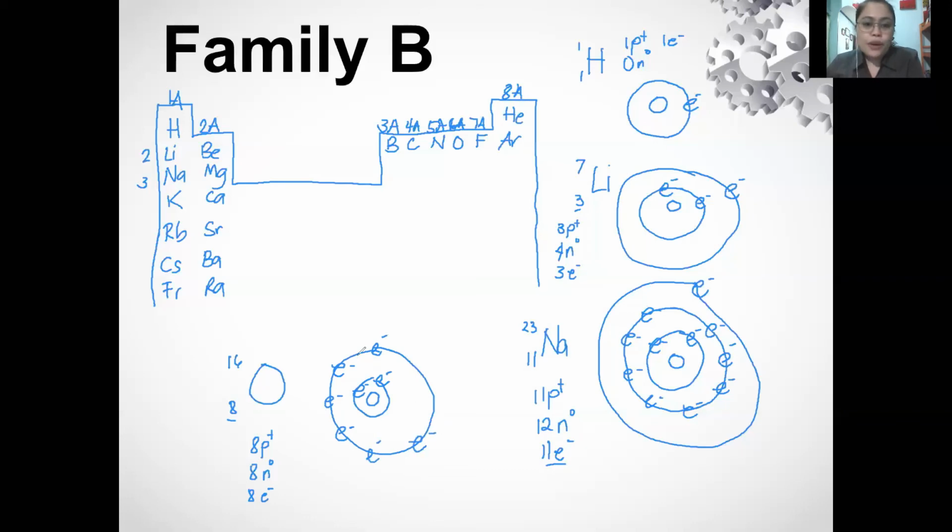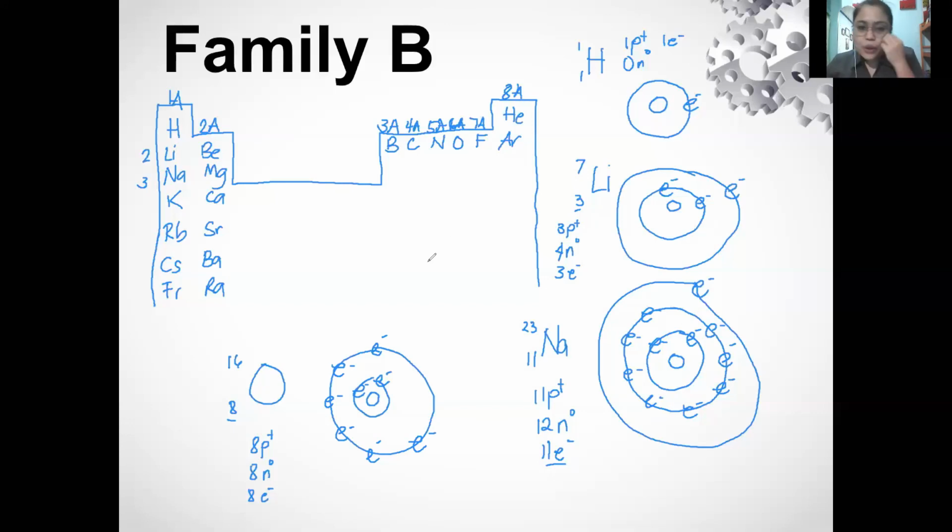So you have 1, 2, 3, 4, 5, 6 in the outermost shell of oxygen. This will now be its valence electron. So let's see, oxygen belongs to group 6A. So the placement of oxygen is correct. So again, if you are asked, what does the group or family in the periodic table represent? It represents the number of valence electrons. When you say valence electron, it's the electron in the outermost shell.